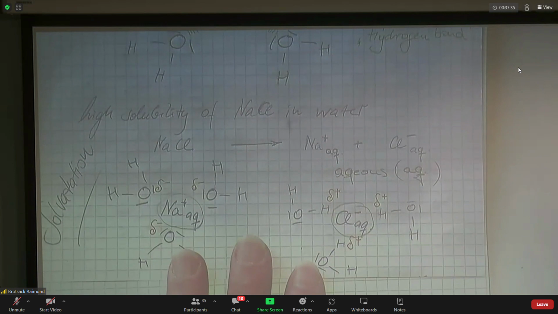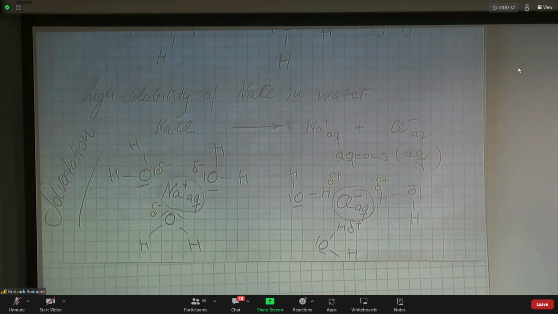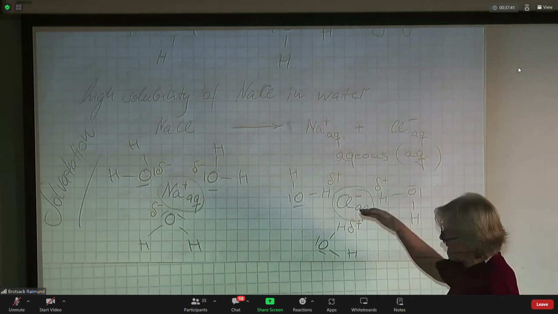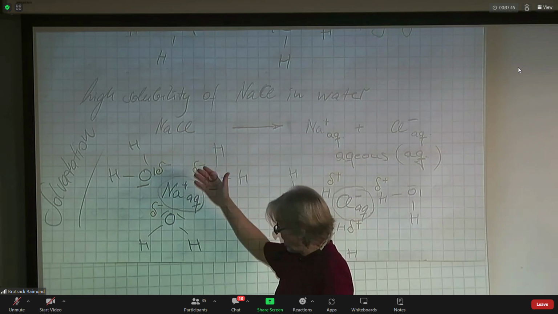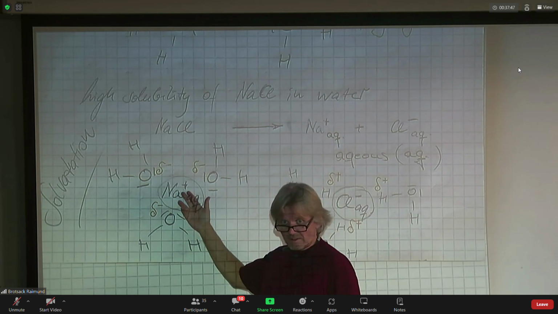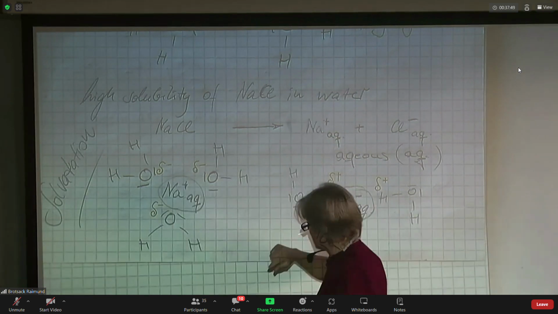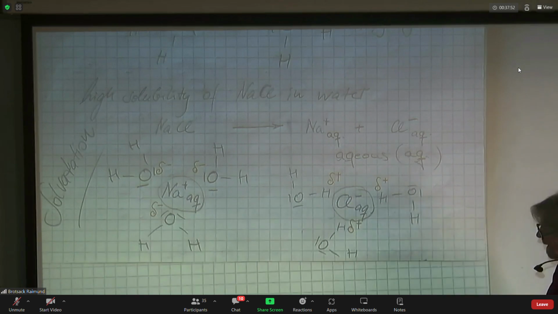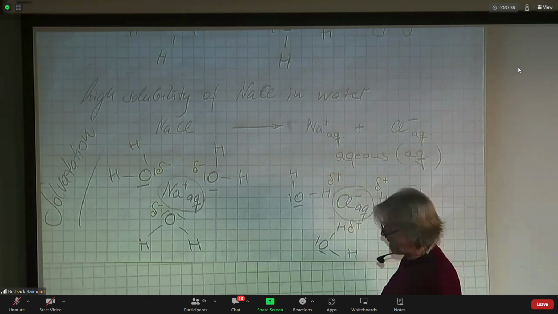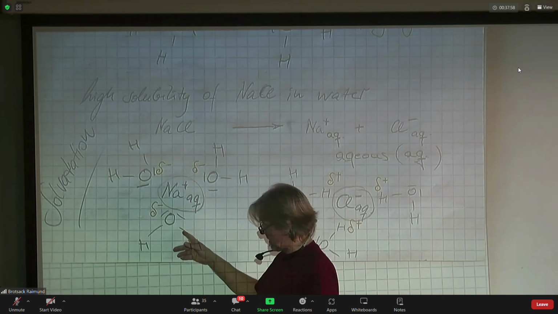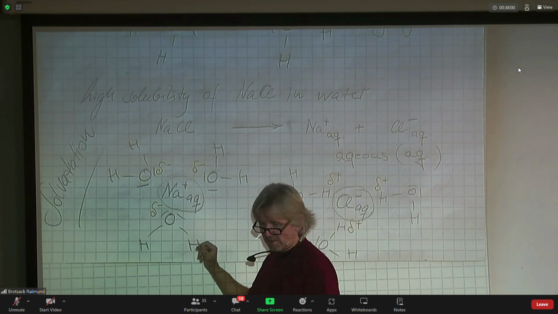So salts, for example our common salt, sodium chloride, are stabilized in water. On the one hand the sodium plus ions are stabilized, and on the other side the chloride minus ions are stabilized due to the dipolar character of our water molecules.